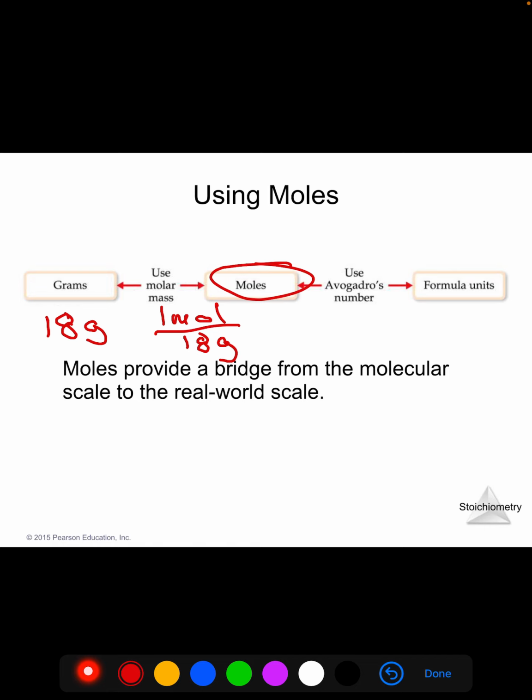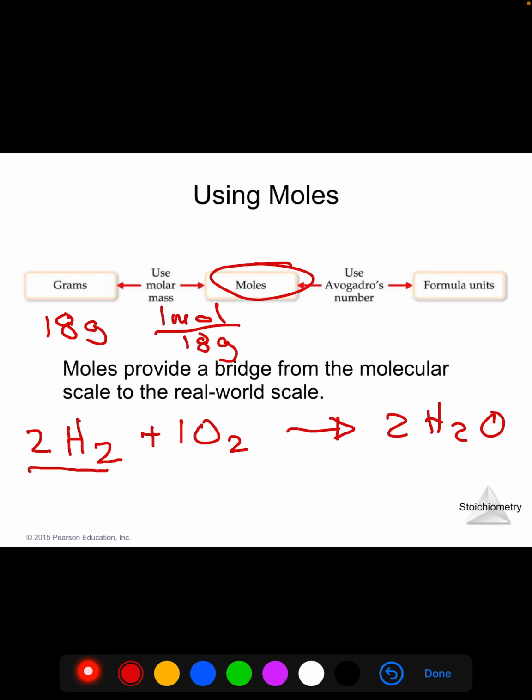And when we were looking at those reactions where I have 2 hydrogens plus 1 oxygen gives me 2 H2O, I'm not thinking about individual atoms anymore. I'm going to read this as 2 moles of hydrogen, that's a measurable amount, plus 1, the 1 is understood, but I'll write it down, 1 mole of oxygen gives me 2 moles of water.